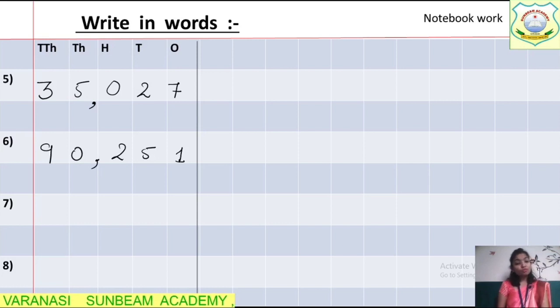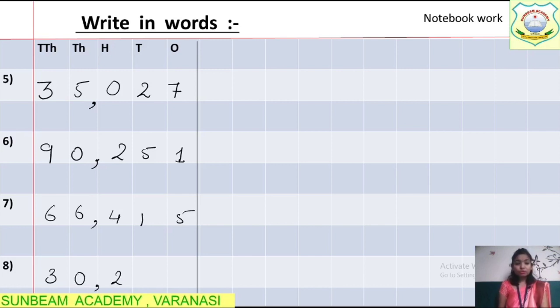You can do in 2 pages. If you need, you can do in 1 page, whatever is required, but do the work neatly. And we will do one more here, 66,415. Now one more I am taking, 30,205. Okay, let's do it.